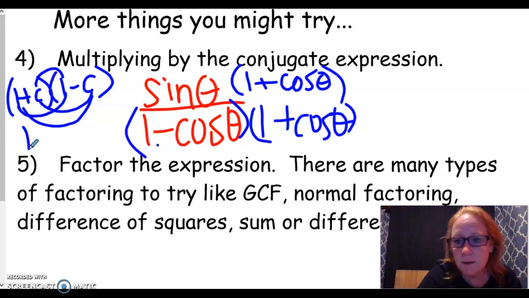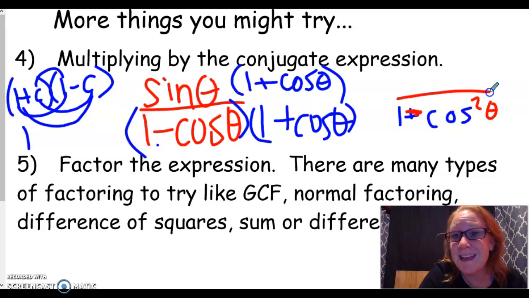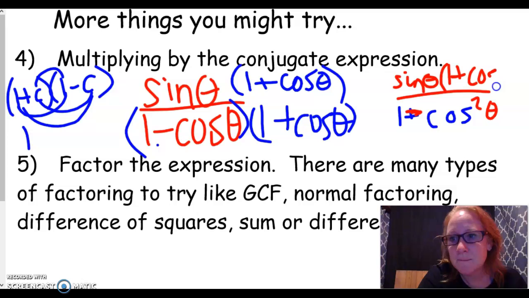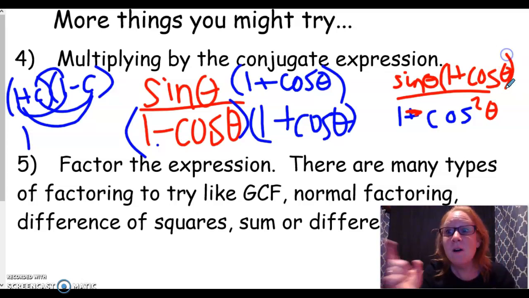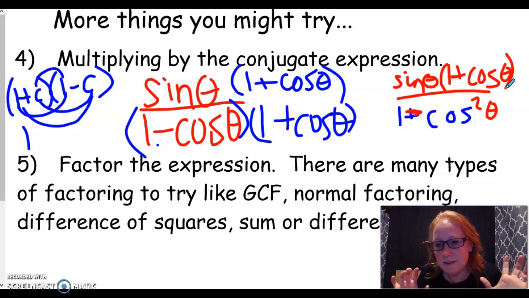So I'm just going to write 1 minus cosine squared theta. I'm not super concerned about the top right now, but on the bottom, 1 minus cosine squared turns into sine squared. So then you could simplify some things out.